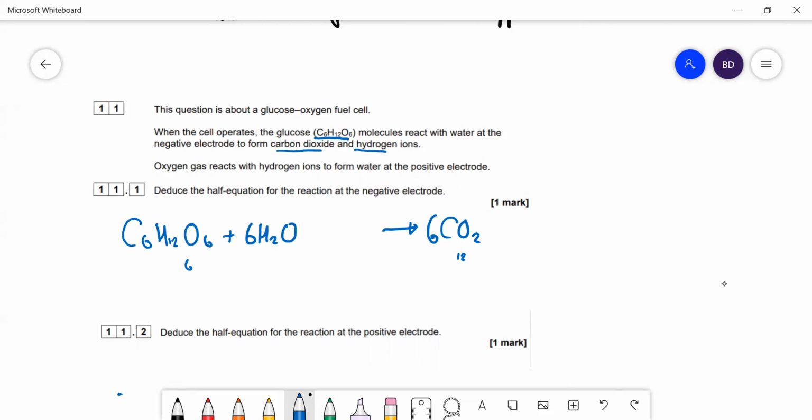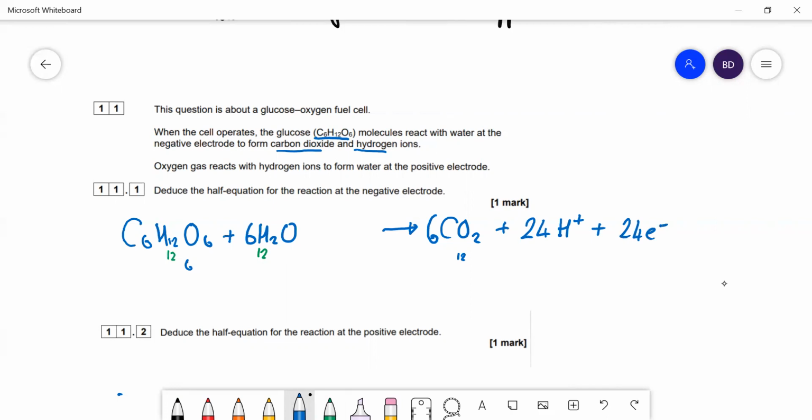Now balance for the hydrogens. I have 12 hydrogens there and another 12 there, so I need 24 hydrogens on the right-hand side, 24 H plus ions. Now balance for the charges. I've got no charge on the left, 24 plus on the right, so I need 24 electrons.